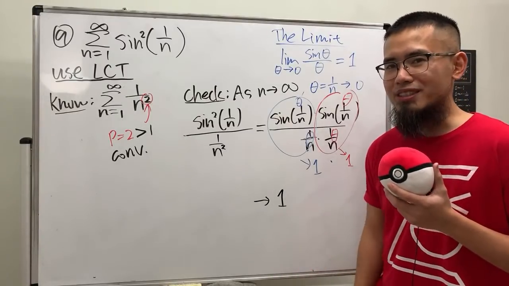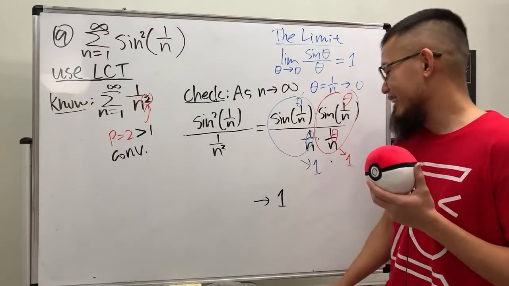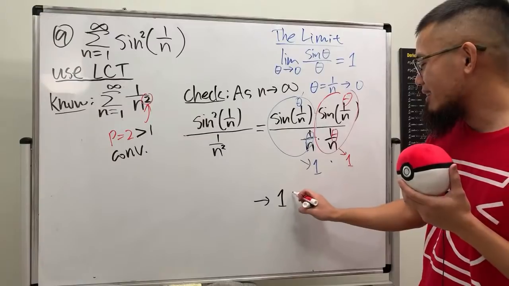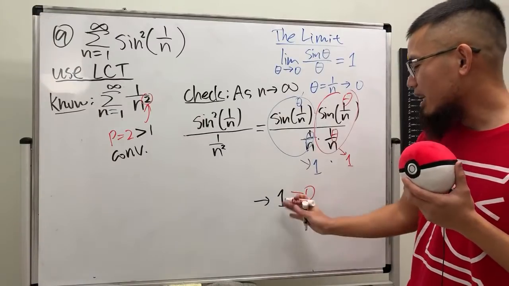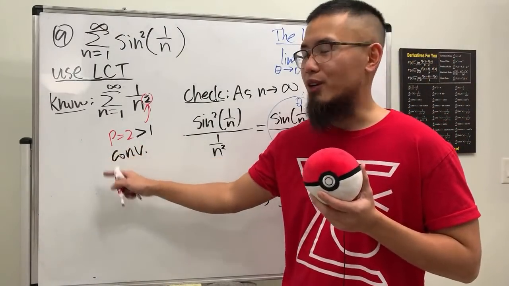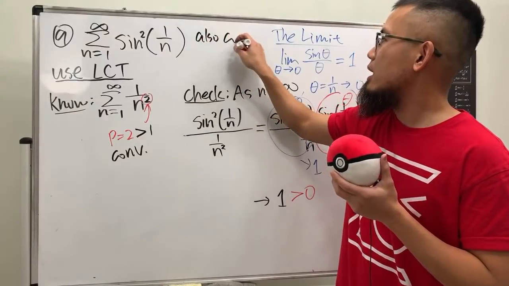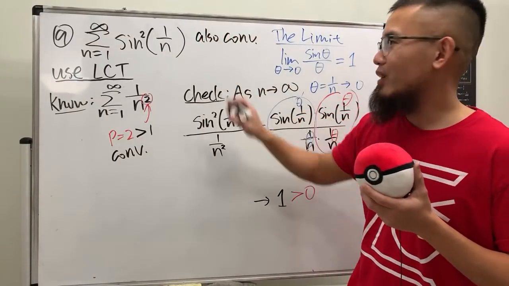Now, does 1 do us any good when we're doing the limit comparison test? Yes. And you have to say 1 is greater than 0 and it's not infinity, so we are good to go. The one that we know converges, this one, the one that we're trying to do, also converges. Why?